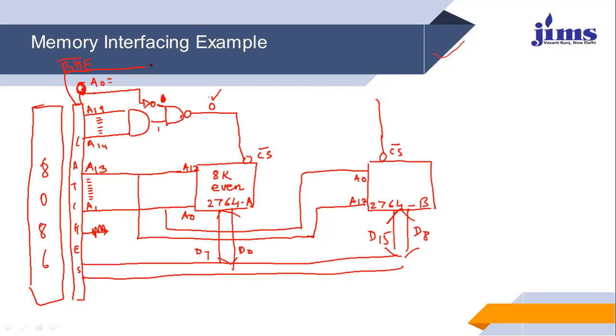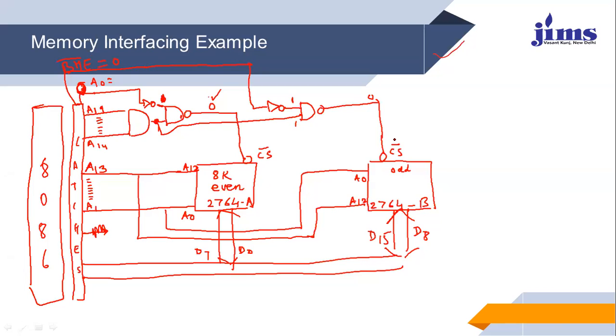This BHE bar, along with the line from here, goes through the NAND gate, and the BHE bar goes through the inverter to this IC and is connected here. Look here, when the BHE bar is equal to 0, this will result in a 1, and when A14 to A19 are all equal to 1, this will also be 1, generating a low and chip selecting the second memory, which is nothing but the odd memory.